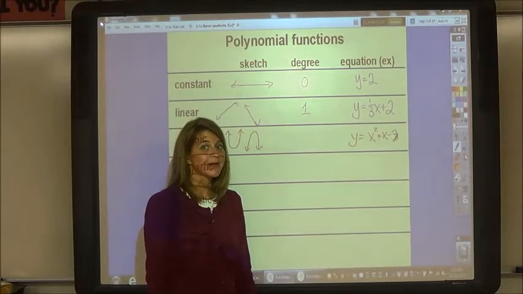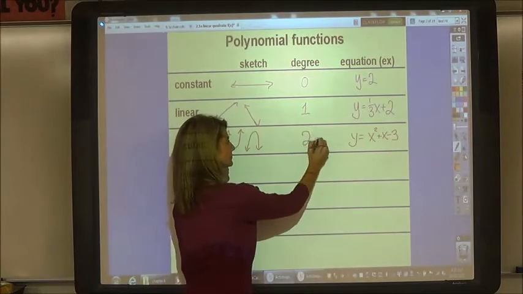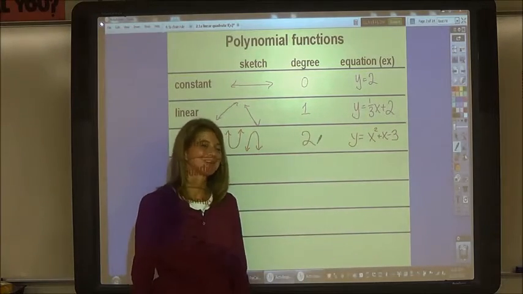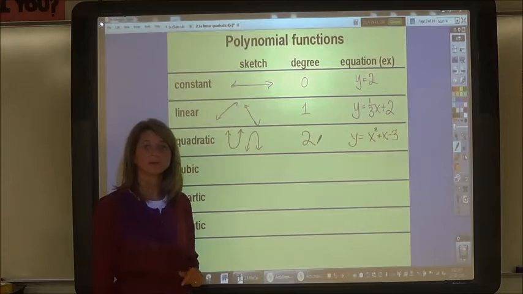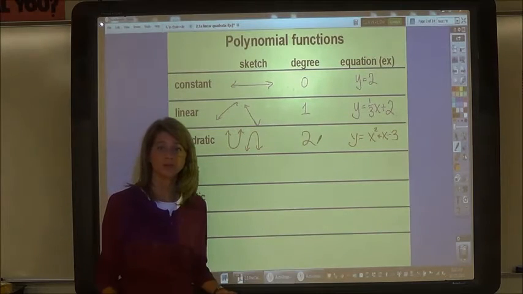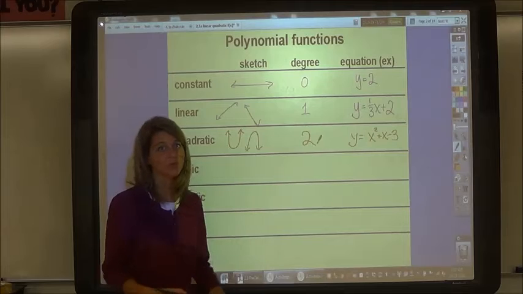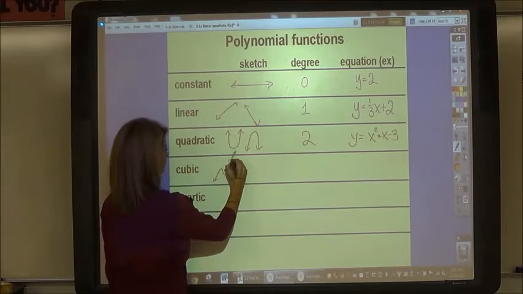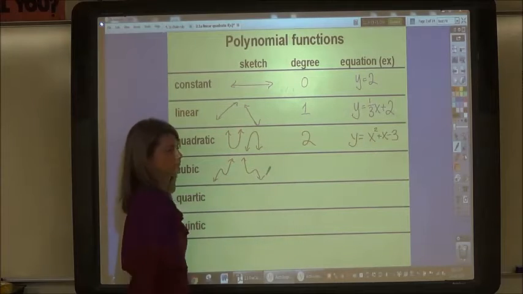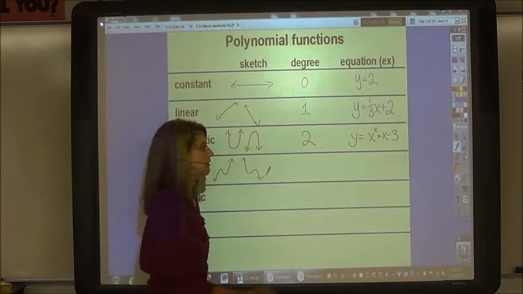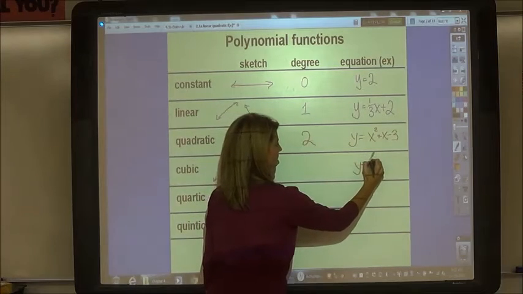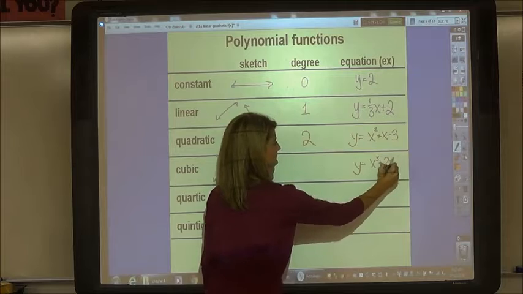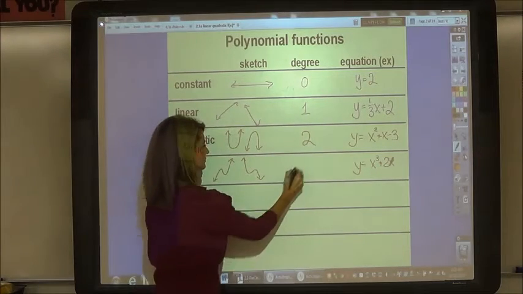So guess what degree that has? See a pattern? Okay. So now is cubic. Those are cubing functions. Maybe they go up, maybe they go down. Something that has a third power. Degree 3.